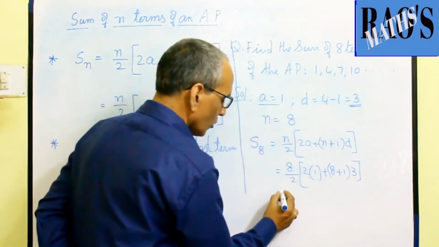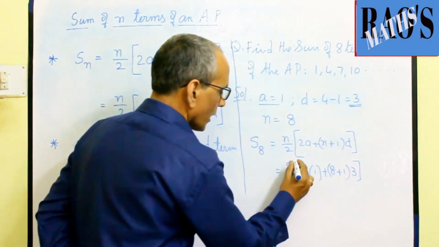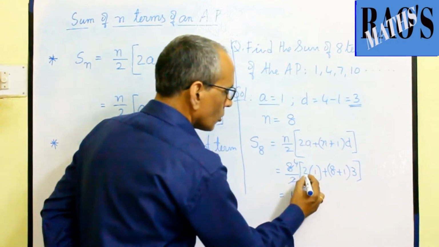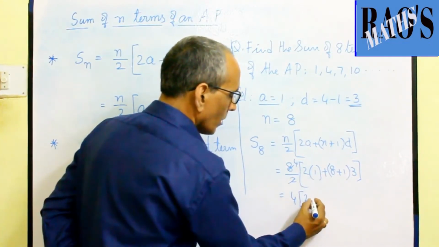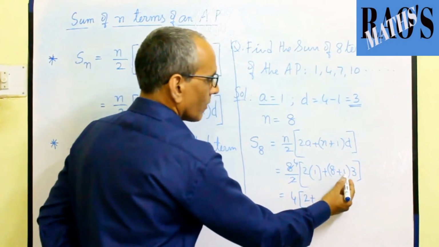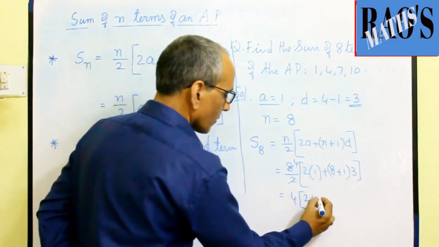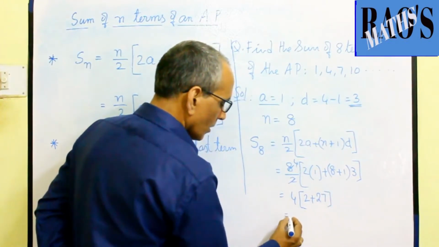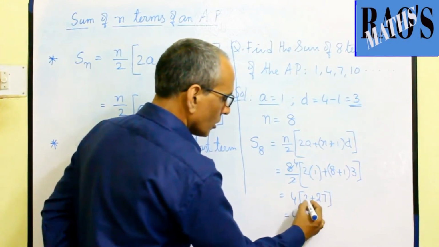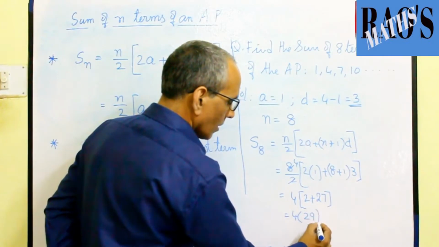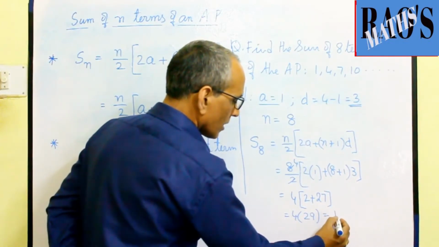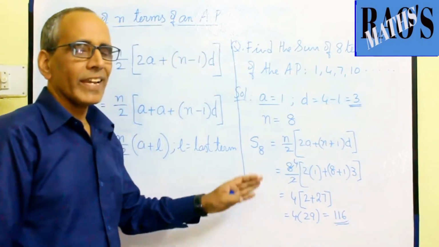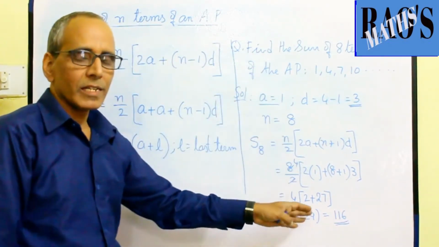Okay, let's compute. 2 4s, so 4 of (2 times 1 is 2, plus 8 minus 1, 7, 7 3s are 21). Okay, so it is 4 of 23, which is 92.